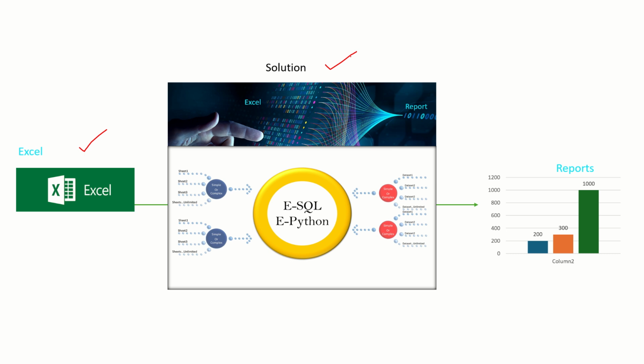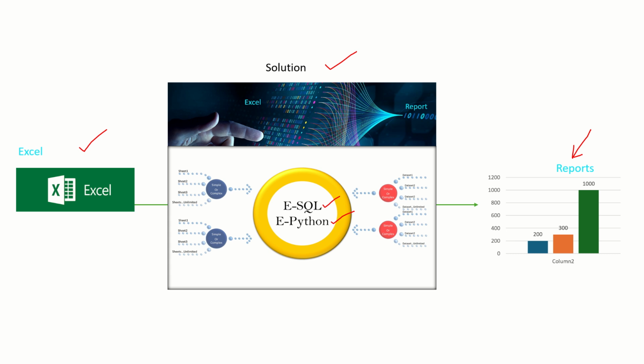Now I'm using the latest upgraded version of ESQL, which has ESQL that solves SQL, and it also has Python in it. That's absolutely new and wonderful. I'll be providing the solution, which is Python really, and the result is going to be a simple report that I'm going to give them. This is just a demo. Let's crack on and see what I'm going to provide.